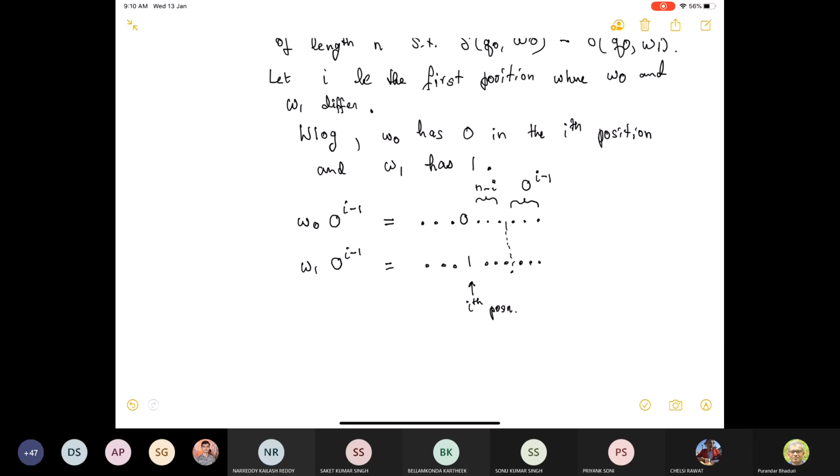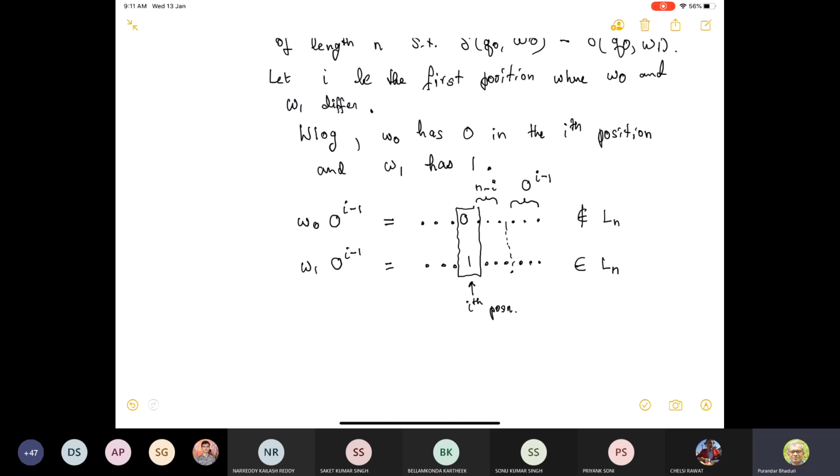So in these two modified strings, this particular string does not belong to Ln, and this particular string belongs to Ln.